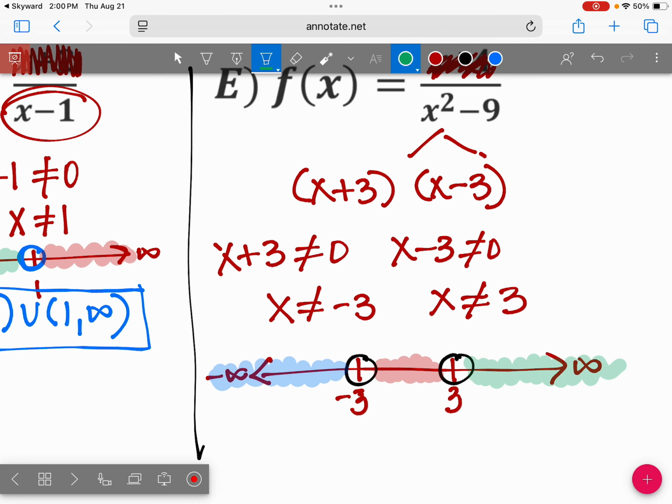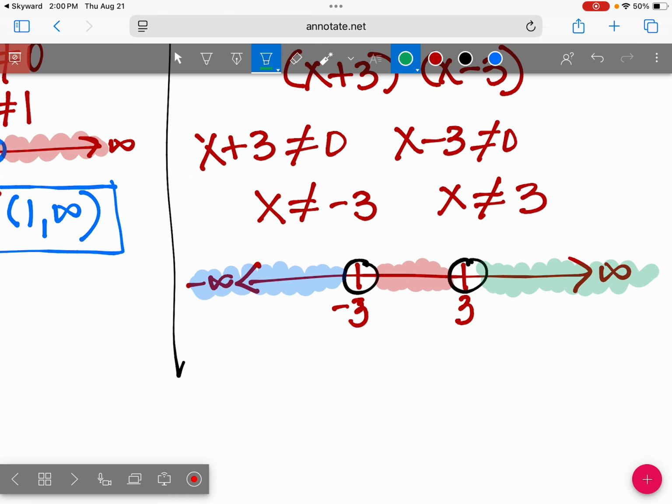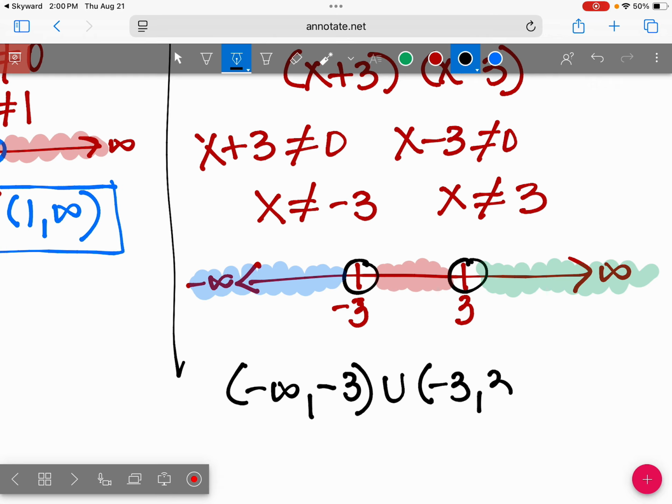So let's start off with the far left. Negative infinity to negative 3. Close the parentheses. Both sides are soft. Union. Then in the middle, negative 3 to positive 3. Both sides soft. And another union. That means break. 3 to infinity.